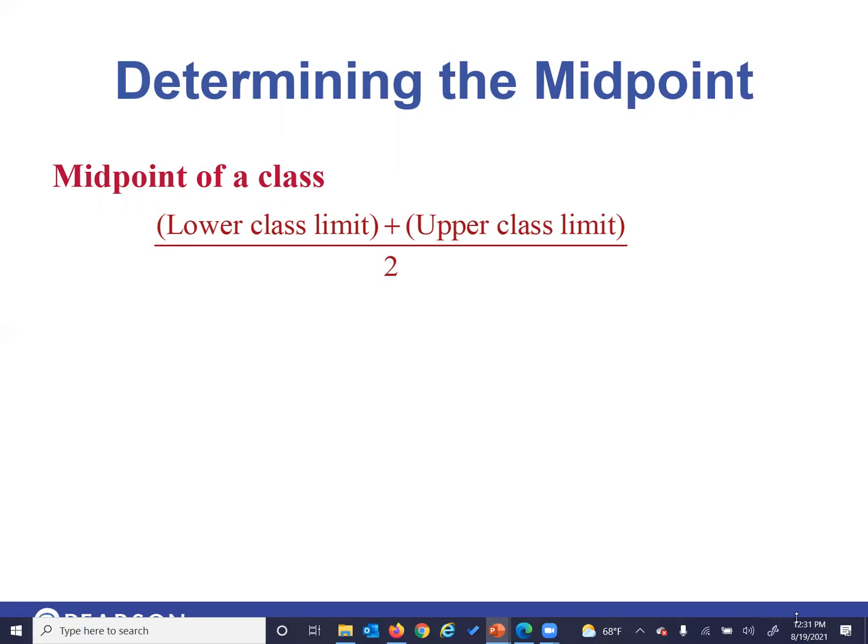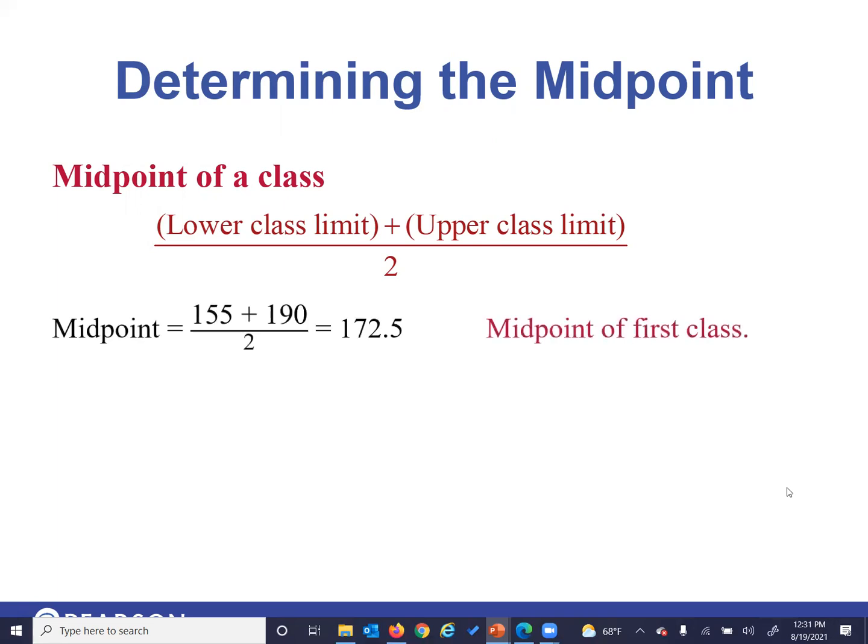So let's do this for the first one. The first class went from 155 to 190, is that right? So divide by 2, so the midpoint of the first class will be 172.5. That's the exact middle.